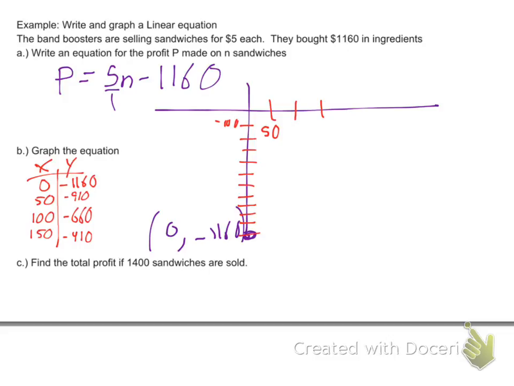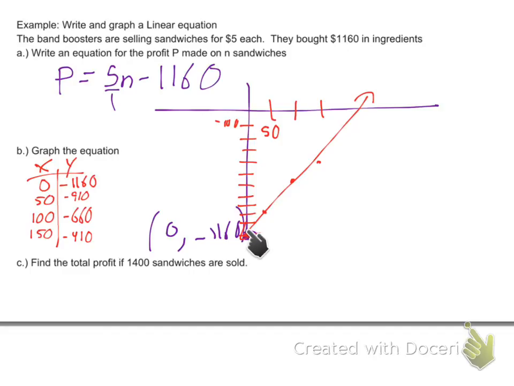So 50, negative 910 would be somewhere about here. 100 would be about here, about there. And 150 would be somewhere about there. It's not perfect, but you would see this graph, right?